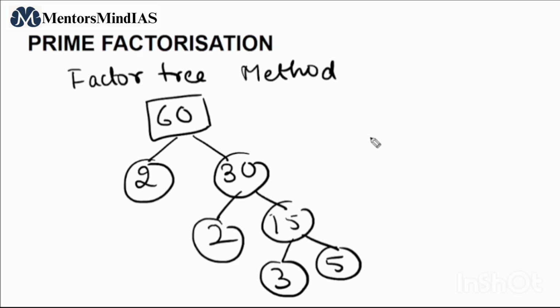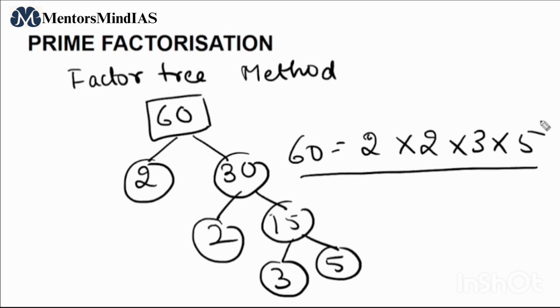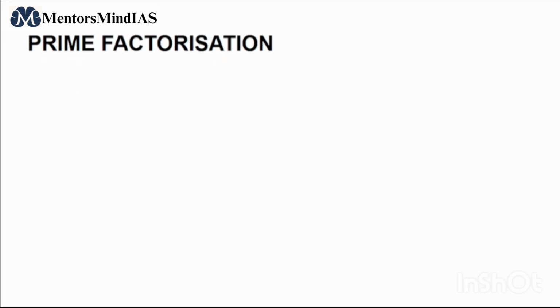So in case of the factor tree method, the answer you are going to get is 2 into 2 into 3 into 5. These are your factors of 60. Let's take another example, say 282.